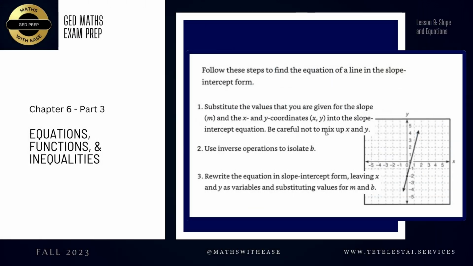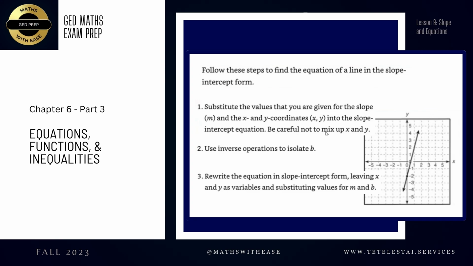You want to follow these steps to find the equation of a line in the slope-intercept form. The first thing you want to do is substitute the values that you're given for the slope, so m, we've already established that m is our slope, and the xy coordinates into the slope-intercept equation. And then you want to be careful to not mix up x and y.